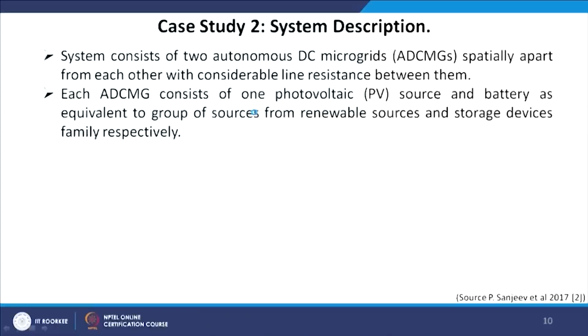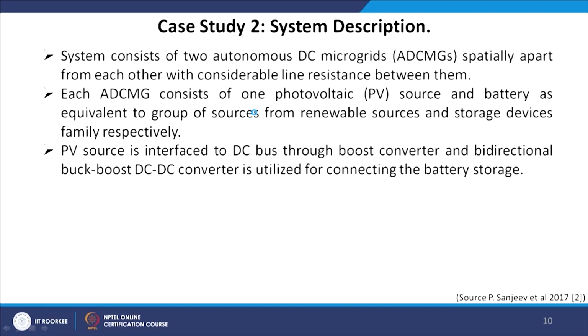Each DC microgrid consists of one photovoltaic source and a battery, as equivalent to a group of renewable sources and storage devices, etc. The PV source is interfaced to the DC bus through a boost converter, and a bidirectional buck-boost DC-DC converter is utilized for connecting the battery storage.